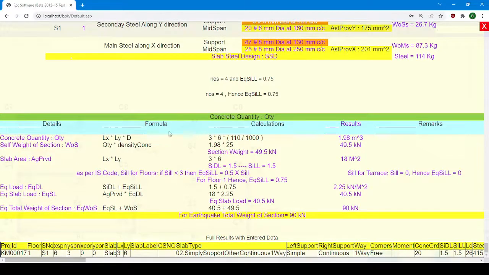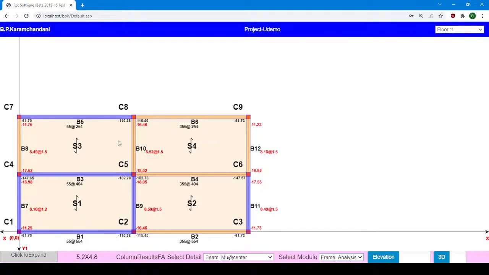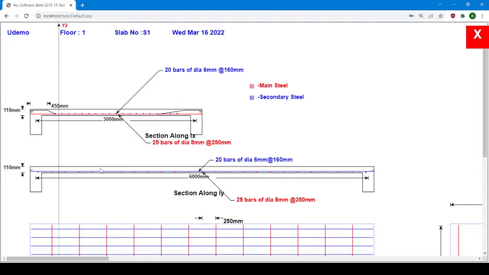Concrete quantity total for the earthquake section. Now we will see the steel drawing.